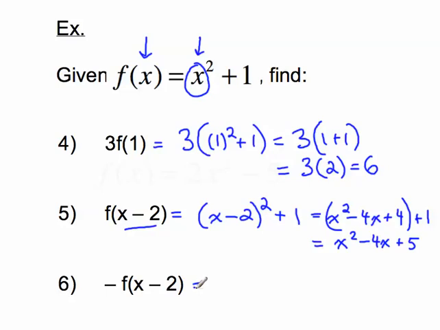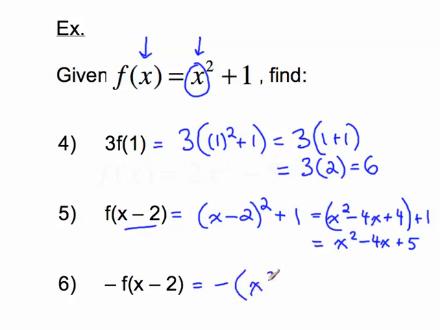Last one, negative f of x minus 2. So again, we have a negative out front, just like we had a 3 out front, means the whole thing gets multiplied by negative 1. Now, we're going to use the fact that we already figured out what f of x minus 2 is here. We know that f of x minus 2 is this.